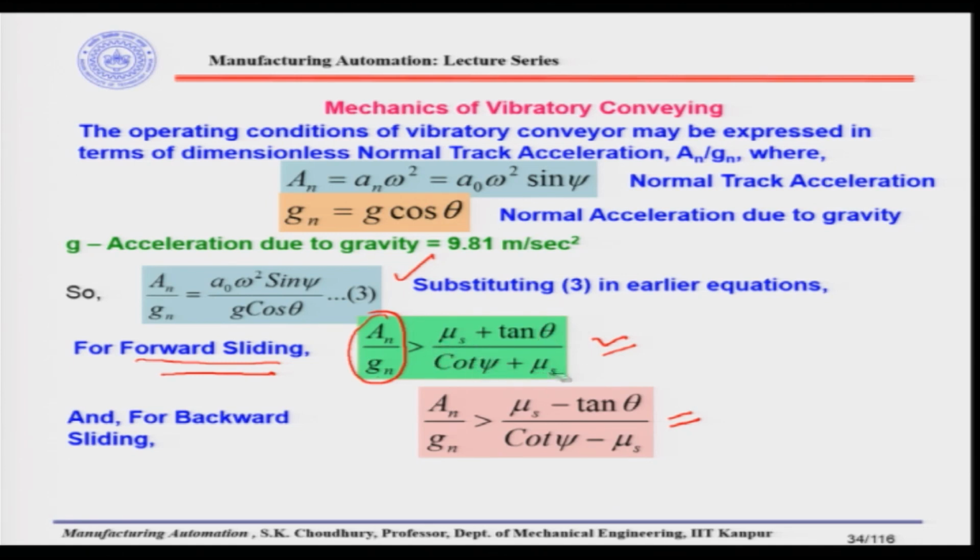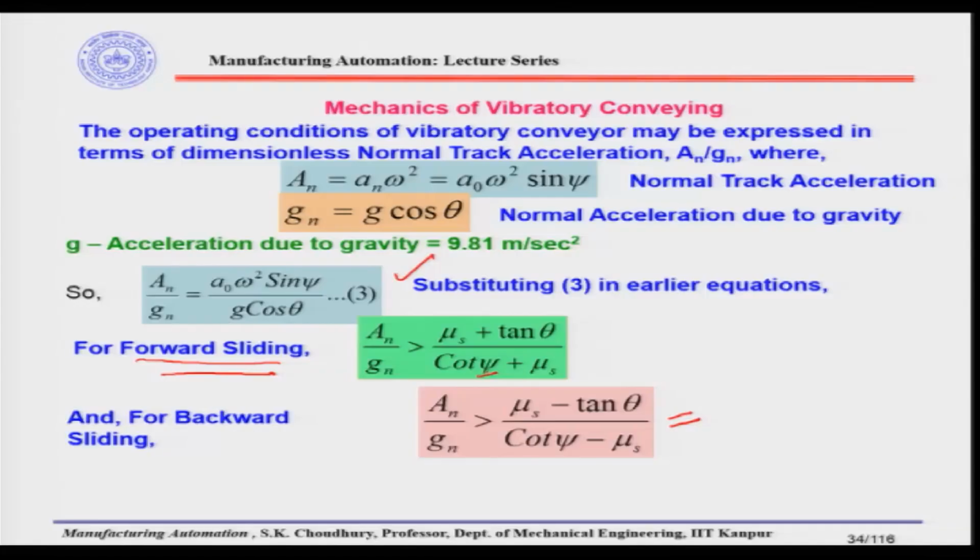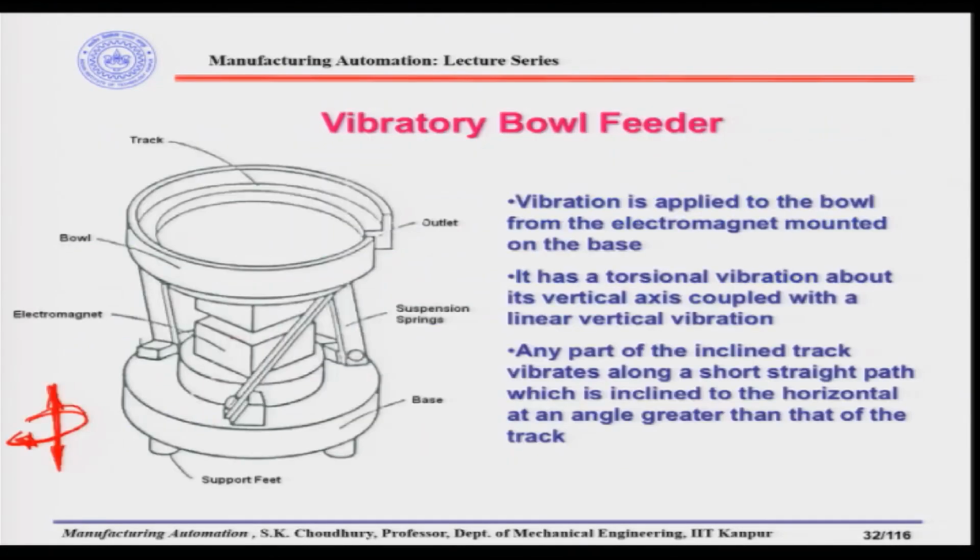These angles depend on how they are defined, and that also depends on us. The track inclination we can incline, that is a design choice, and psi, the vibration angle, depends on the electromagnet which we have here, plus the suspension springs.